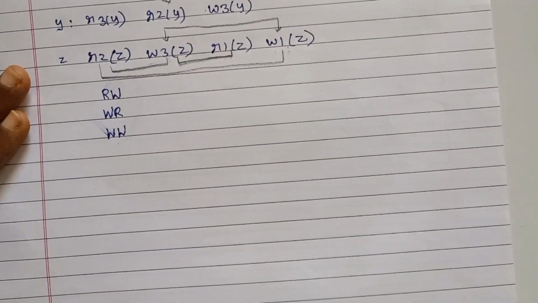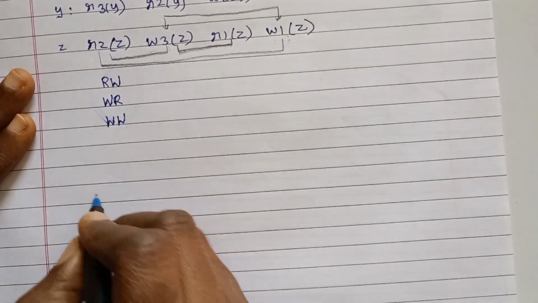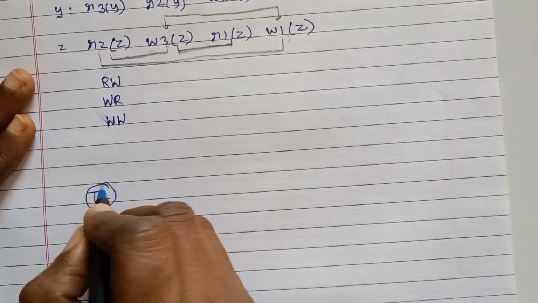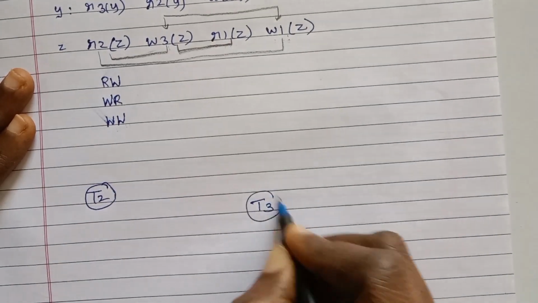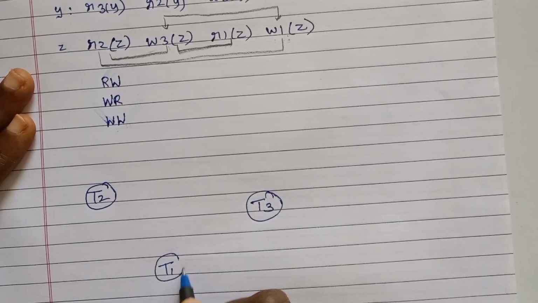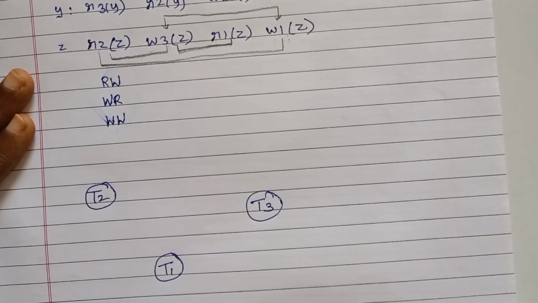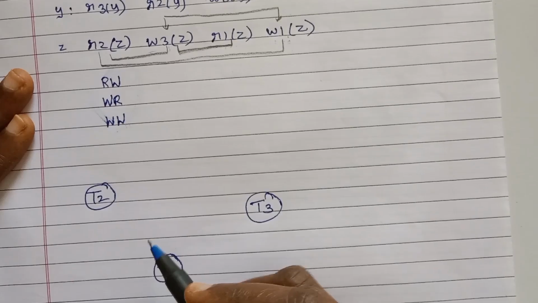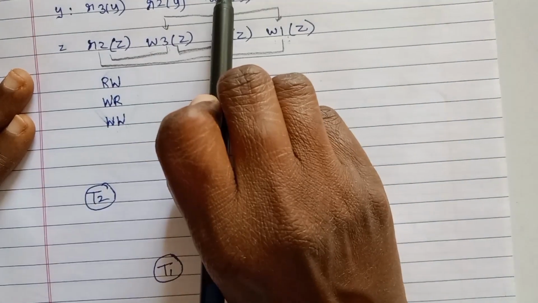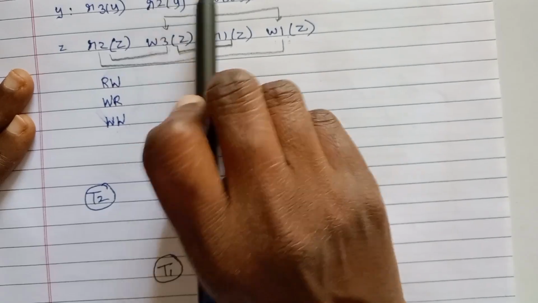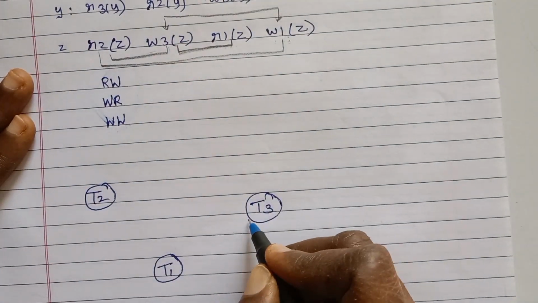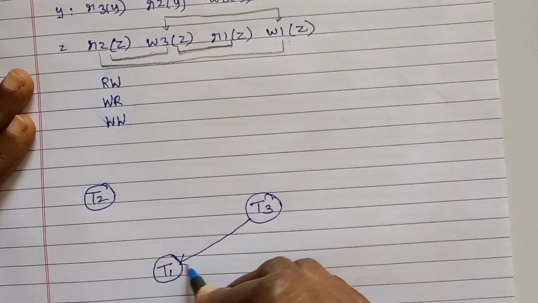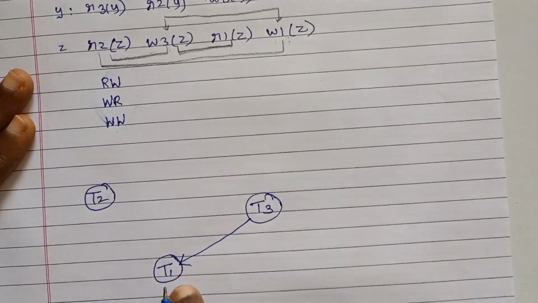Now here you draw the transactions, that is T2, T3 and T1. These are the three transactions given. First, for r3 and w1, you have to mark an edge from 3 to 1.